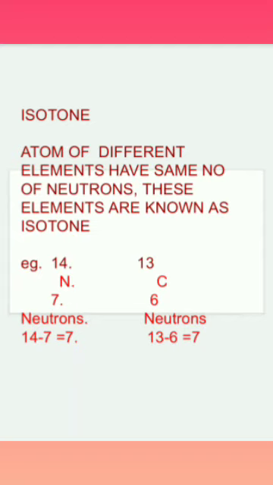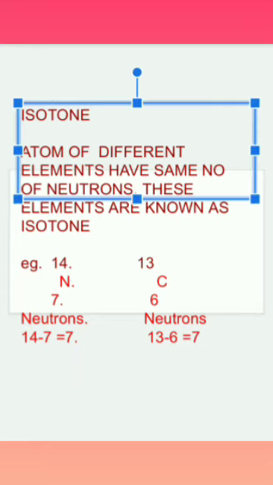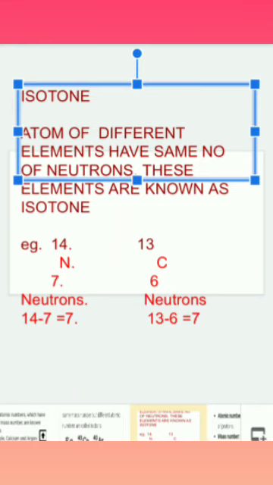Here carbon, mass number is 13, atomic number is 6, then how many neutrons are there? 7. So nitrogen 7, 14 has 7 neutrons, and carbon 6, 13 also has 7 neutrons. So, this pair of elements are known as isotones.